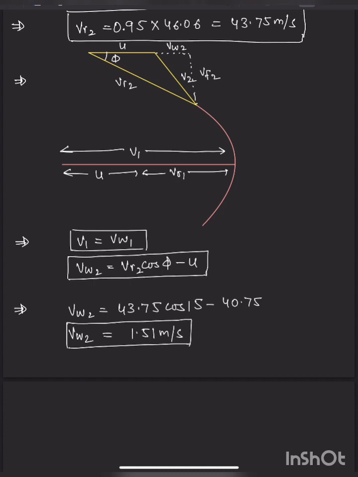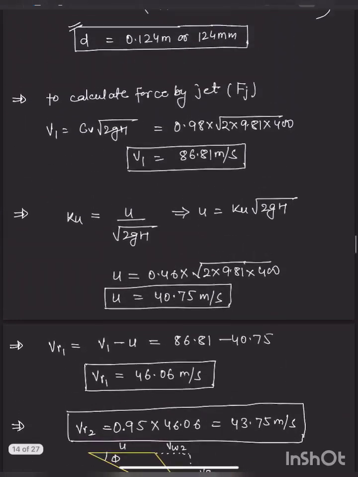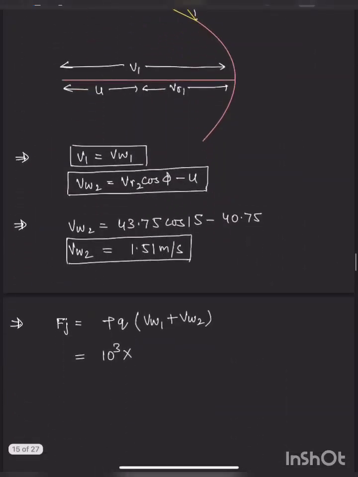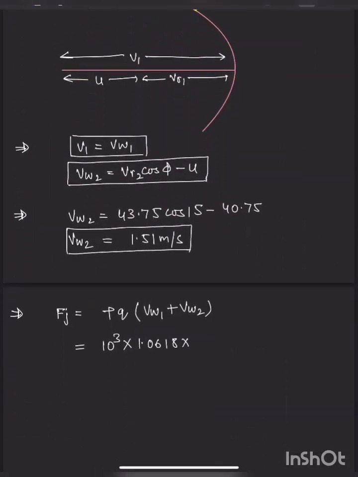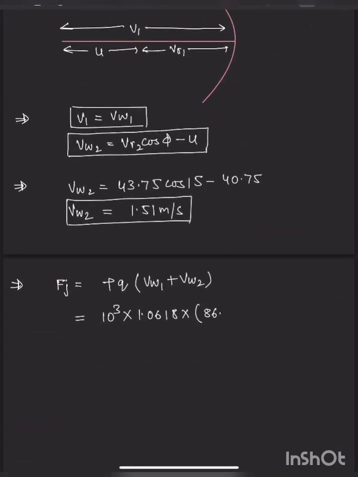Now the force exerted by each jet on the wheel can be calculated by Fj is equal to rho into Q into (Vw1 plus Vw2). Here Q is taken for each jet. So we have 10 to the power 3 into 1.0618 into (V1 plus Vw2), where V1 we have calculated as 86.81, so 86.81 plus 1.51.